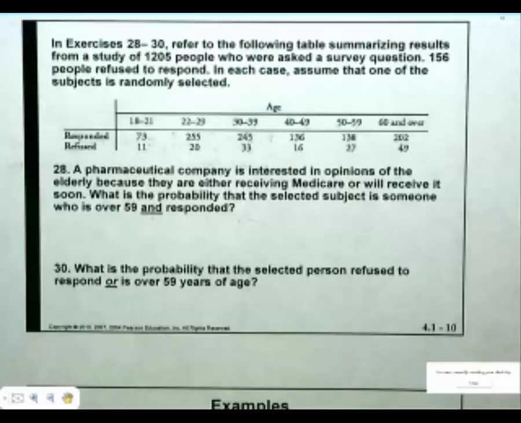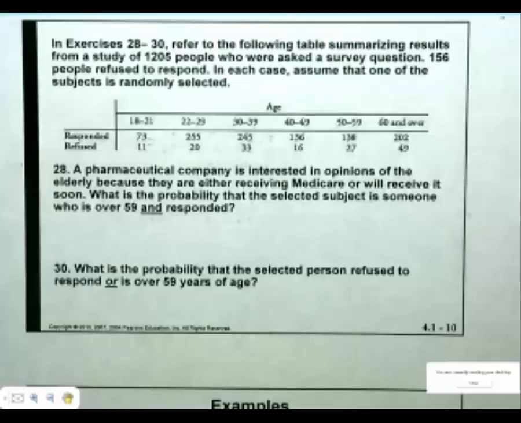Nobody say anything for just a second. Stare at the table until God whispers to you. How many people were over 59 and responded? Go for it. I heard different answers. Over 59, that would be the same as 60 and over, right?